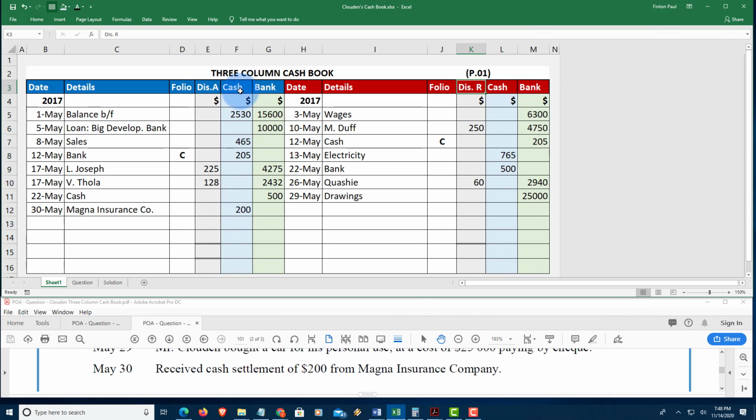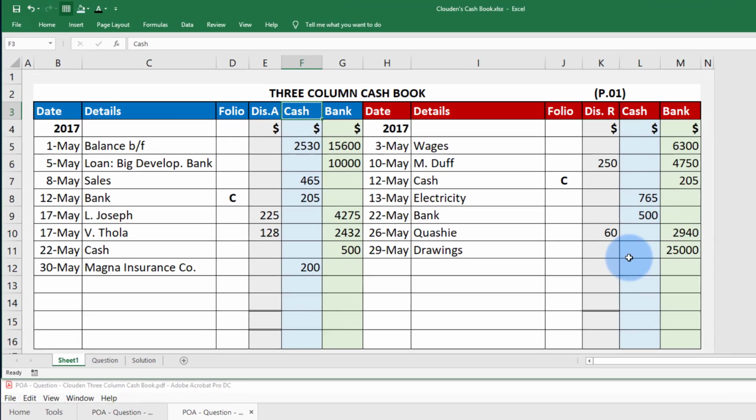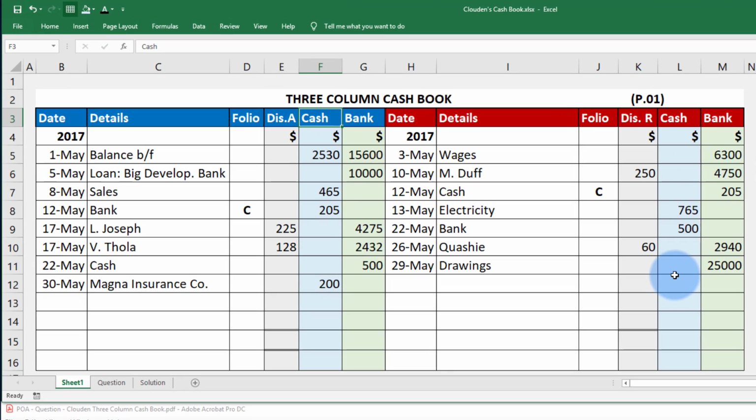Now when you're dealing with like columns, meaning cash on the debit and cash on the credit, you would total both columns and then subtract the smaller from the larger and find the balance or the difference. You would record that difference on the side that had the smaller total, and then when it's recalculated, both sides should have the same total. You do the same for bank.